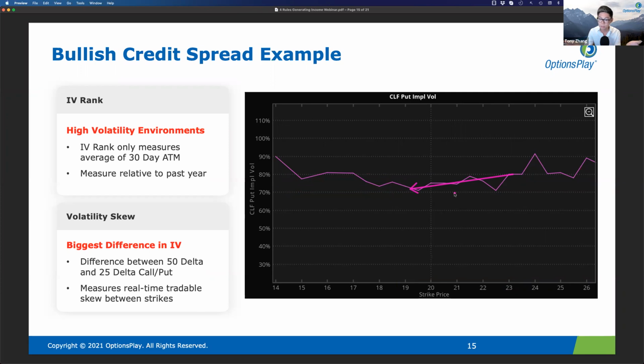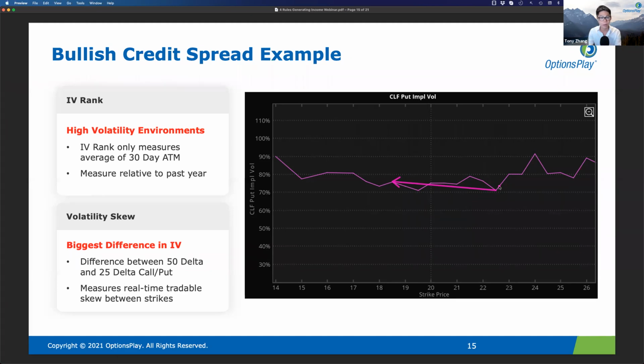Implied volatility percentile is telling you the generalization of the at the money 30-day options. That's not going to give you any sense for skew, and it's certainly not going to give you a good sense for what you can get. Because if, let's say, you sold the 22.5 and bought the 18.5, guess what?